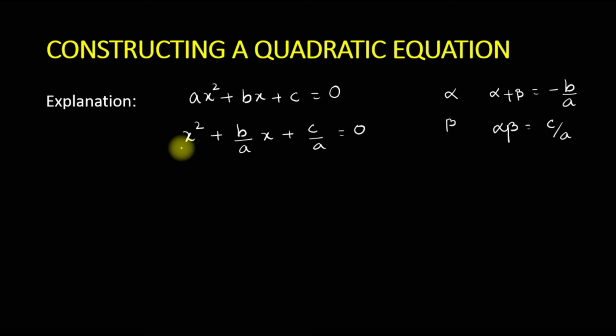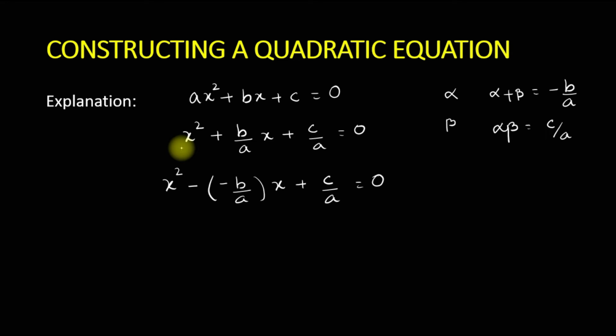Now transforming the general equation in terms of alpha and beta, the corresponding roots, we can write x square minus, this is minus b over a. Here minus into minus becomes plus, so there is no change in the expression, into x plus c over a, equal to 0.